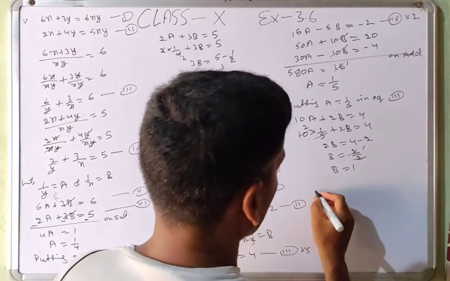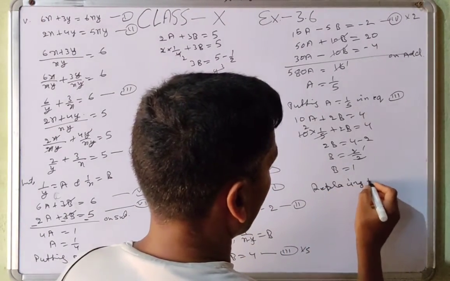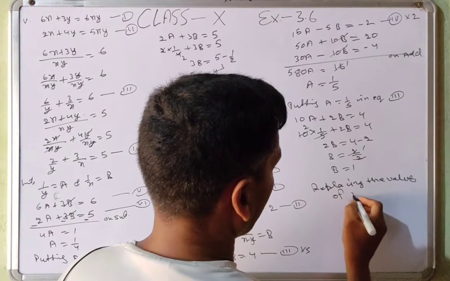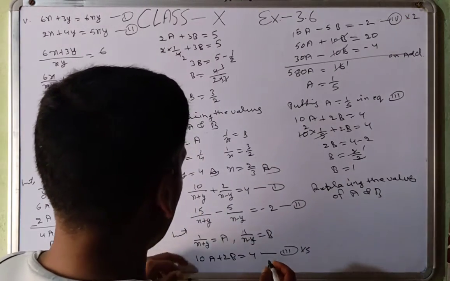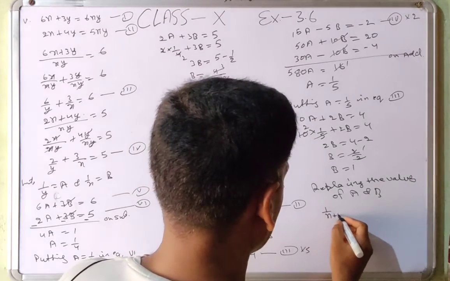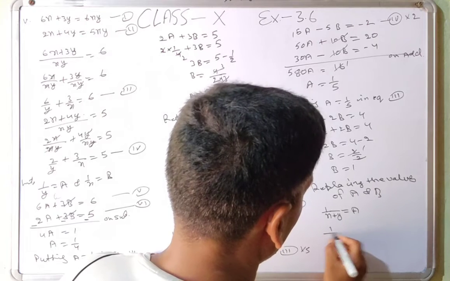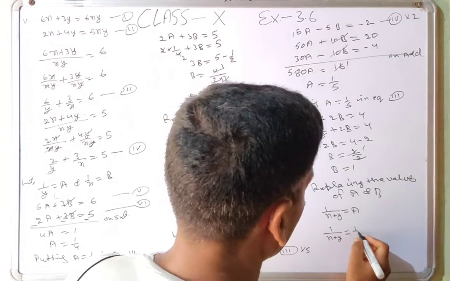Now replacing the values of a and b. So that a is 1 upon x plus y is equal to a. So that 1 upon x plus y is equal to a value is 1 upon 5.